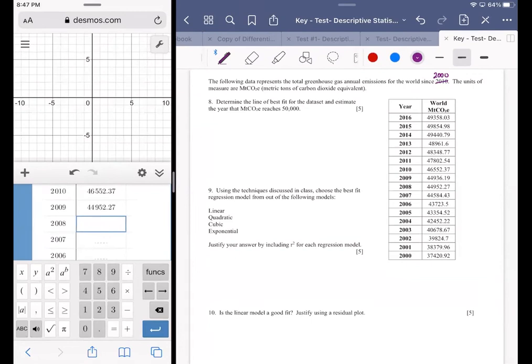I typed in the wrong one there. So 2009 should be 44936.19. 44952.57. 44584.43.